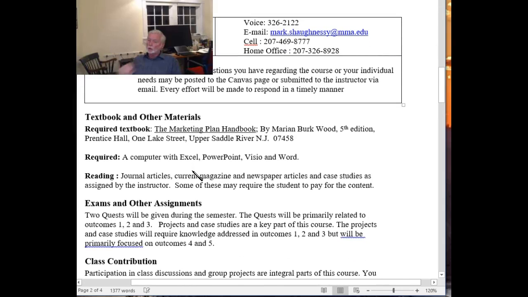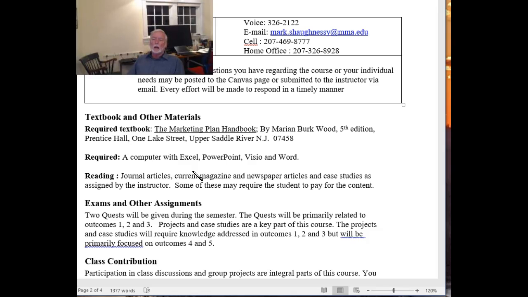The textbook we're using is the Marketing Plan Handbook, and those of you who have had me for undergraduate marketing, we used the same book. We're going to use it somewhat differently in this class, but it's a very hands-on, user-friendly book. It's not really like a textbook, quite small.